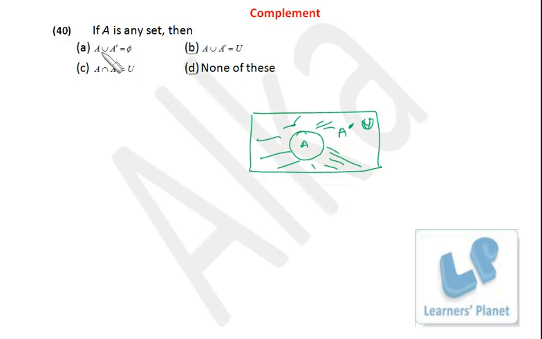A is this portion, A dash is the portion outside the circle. So precisely this portion plus outside the circle is the complete universal set. So it's phi, it's wrong. So A union A dash will be actually U, that is universal set. A intersection A dash is U, that's wrong, because A is this portion and A dash is the outer portion. So nothing is common between the two, so it will be a null set, right? So only option B is true.